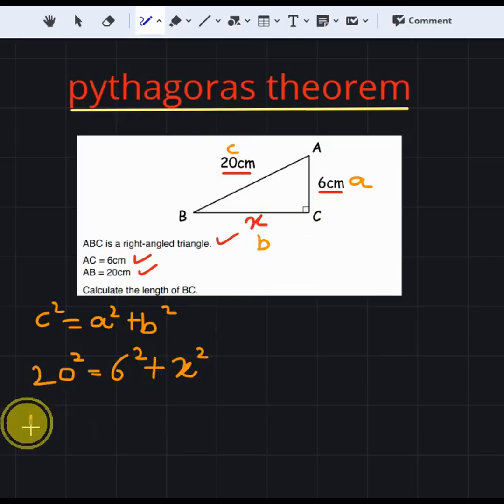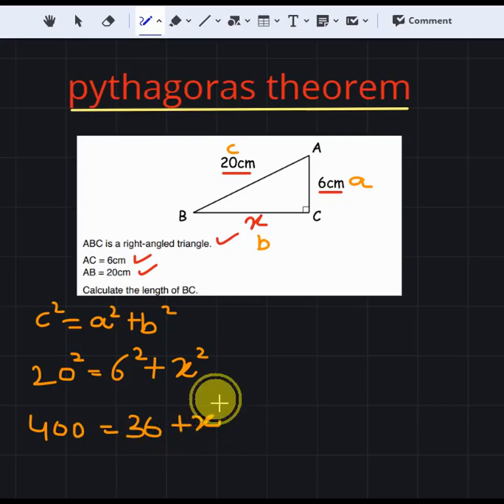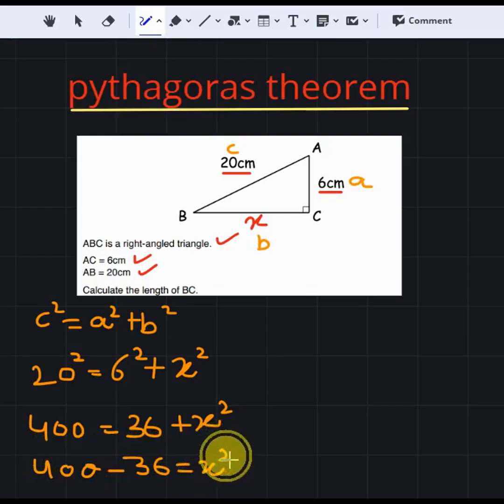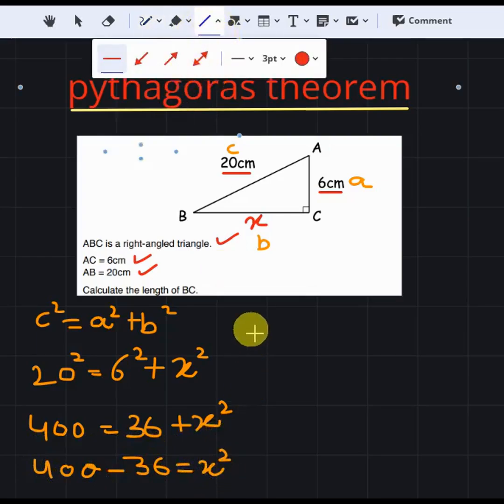So 20 squared is 400, is equal to 6 squared, which is 36, plus x squared. Now I switch this 36 to the other side of the equation, so 400 take away 36 is equal to x squared.